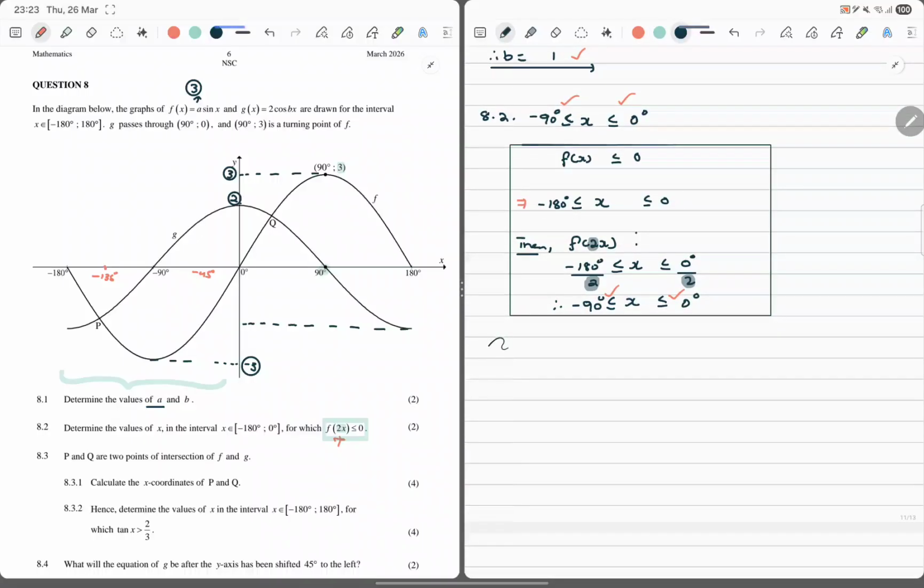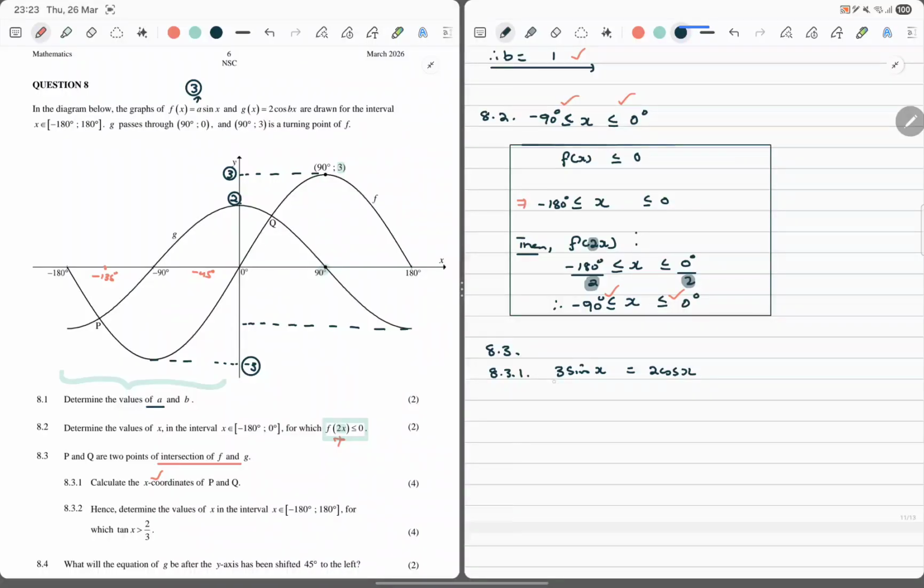Next question, 8.3 with 8.3.1. Now it says here, points P and Q are 2 points of intersection of f and g. Calculate the x coordinates of P and Q. So that's easy. So this is when 3 sin x is equal to 2 cos x.